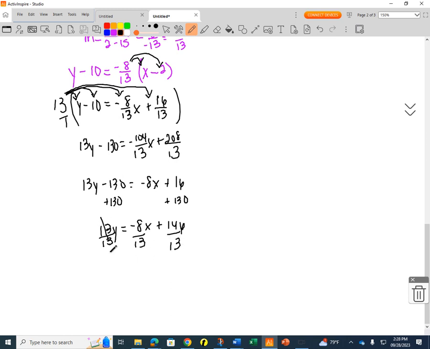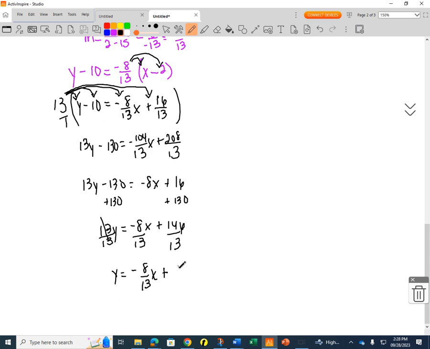And when we do, we get y equals negative 8 thirteenths x plus 146 over 13, which is 11 and 3/13. I think we're just going to leave it like that.